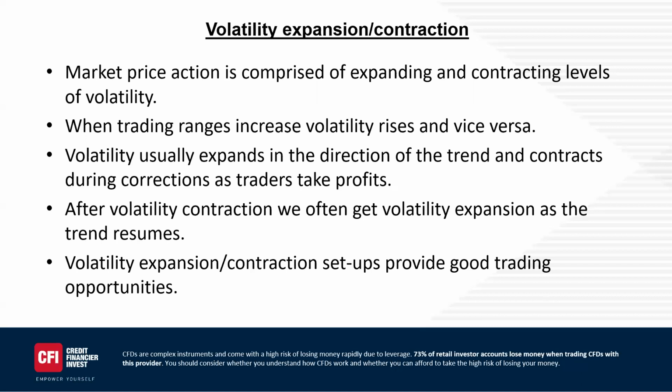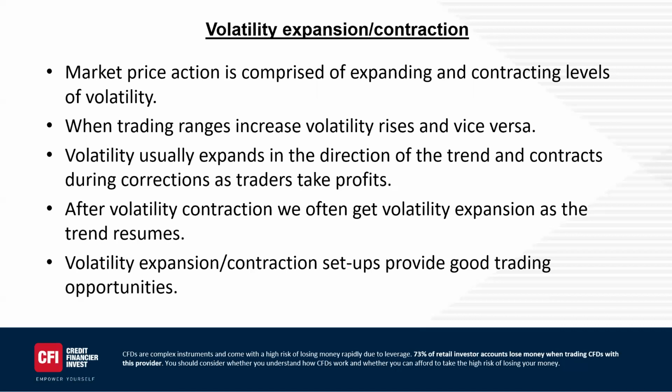When trading ranges increase, volatility rises and vice versa. An increasing size of a trading range is a reflection of higher volatility, and similarly, if the range is small, that reflects contracting volatility.